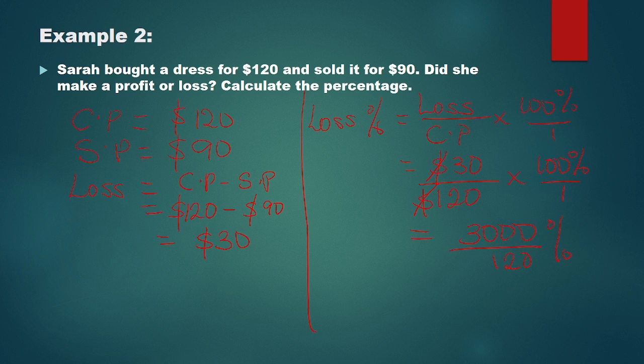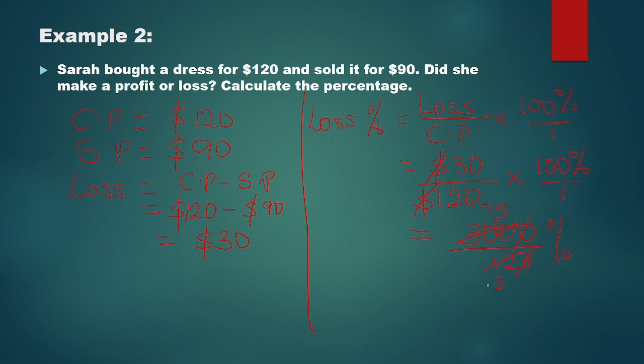Now, let's reduce this fraction to the lowest term. 0 will take out 0. Now, what can divide 300 and 12? So I can decide to divide by 4. 30 divided by 4 is 7, with a remainder of 2. 20 divided by 4 is 5. Then 12 divided by 4 is 3.